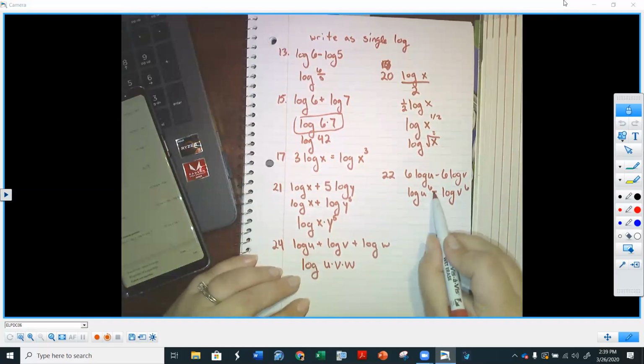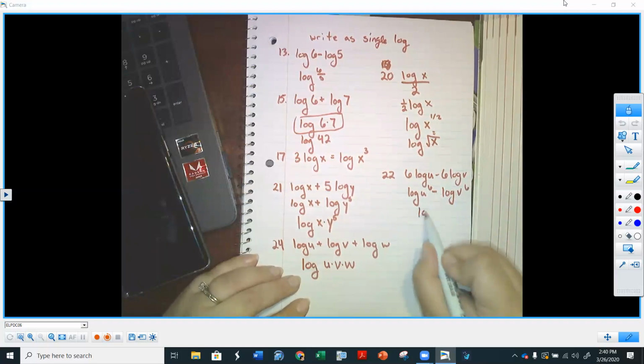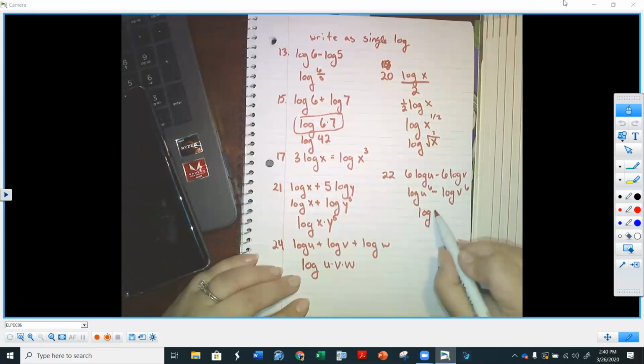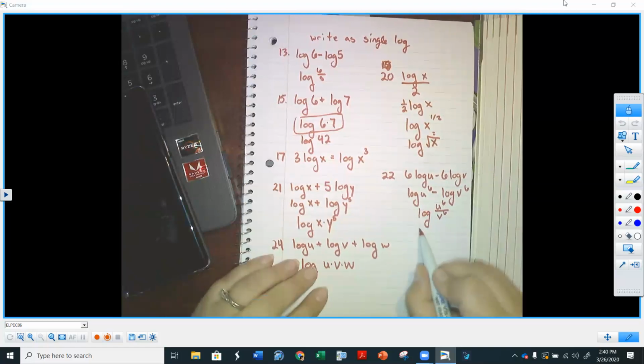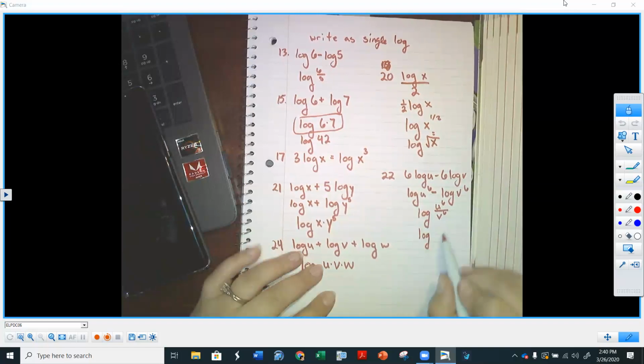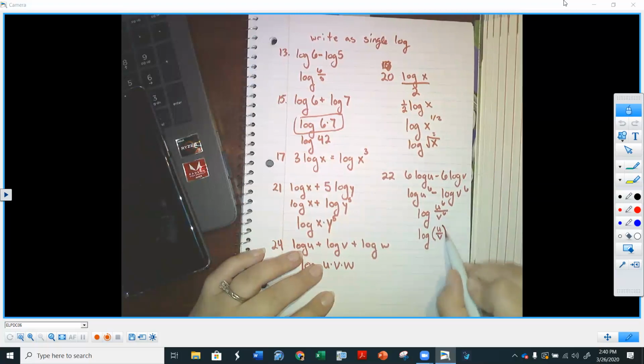This is a minus, that's going to become division, and you're going to have log U to the 6th divided by V to the 6th. We could also write this one other way, and that could be log U divided by V all to the 6th power.